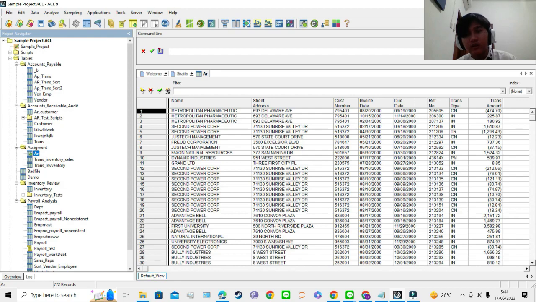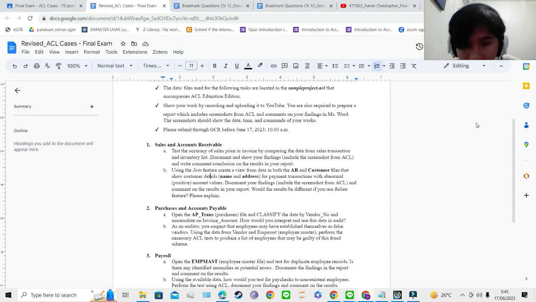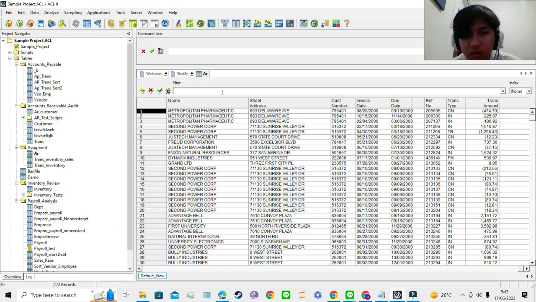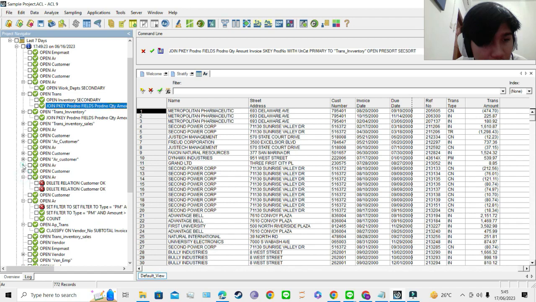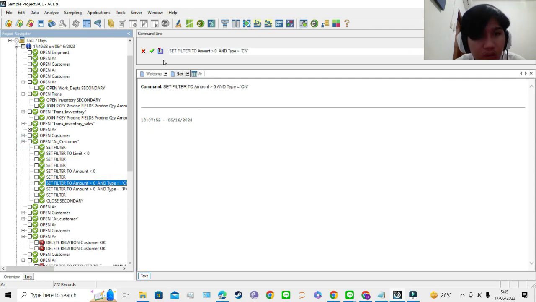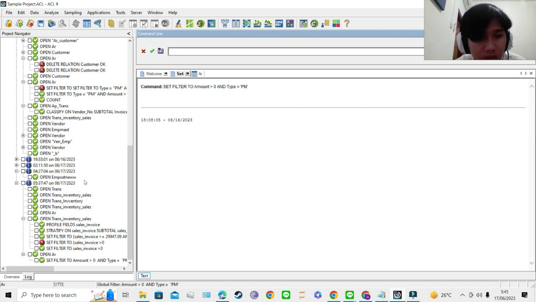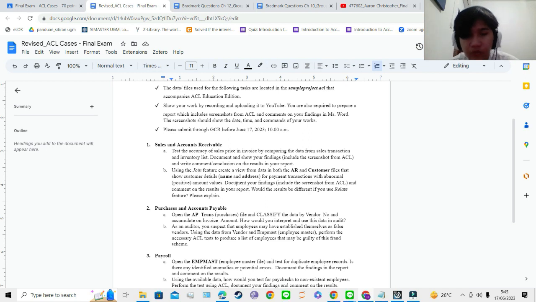However, as we see from the result, this is the result when there are abnormal values in the payment transaction, with abnormal positive amount values.